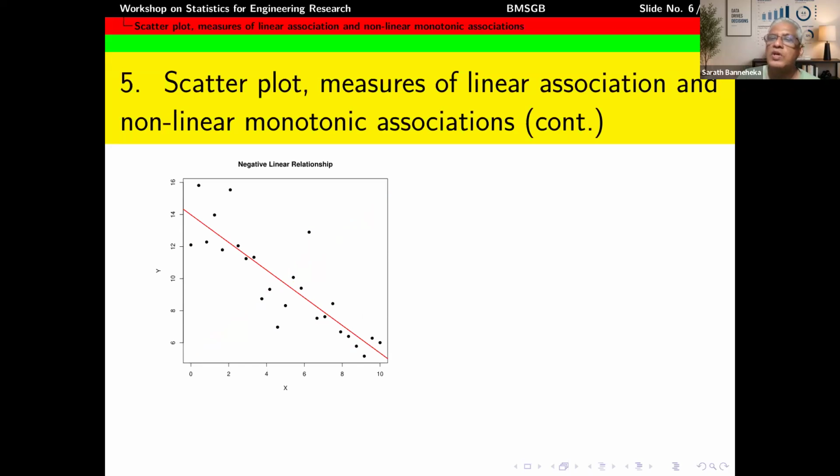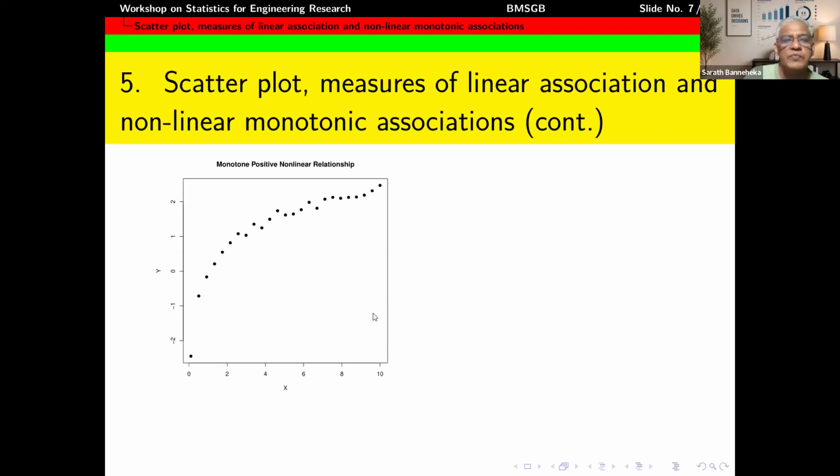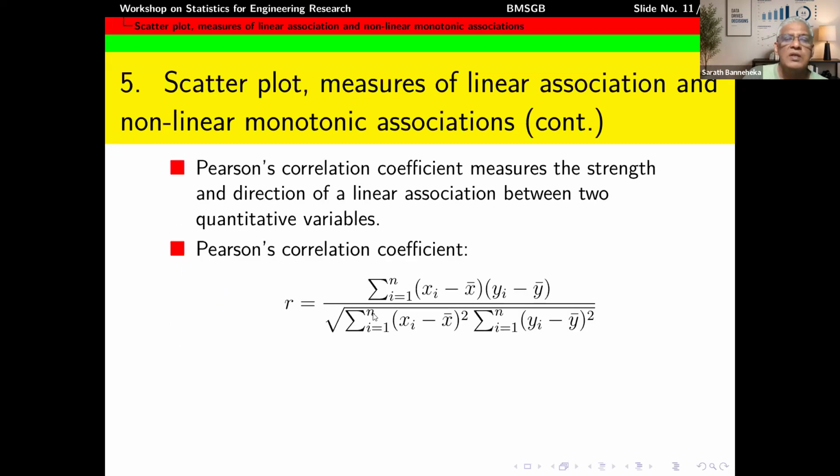Now, if there is evidence of a linear relationship, the commonly used measure of the strength and the direction, of course, comes with that, of the linear relationship is called Pearson's correlation coefficient. That is when there seems to be a linear relationship between x and y. So there's a formula here.